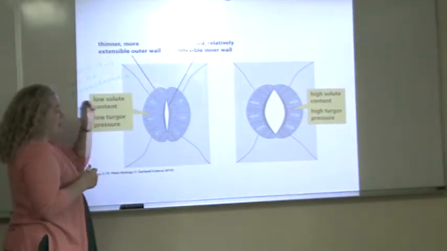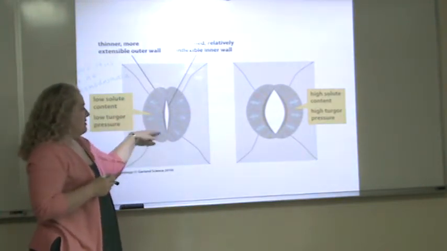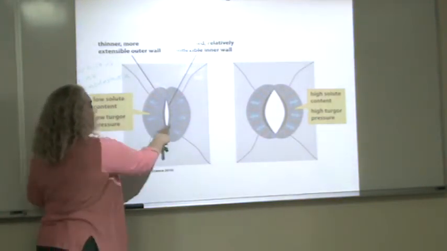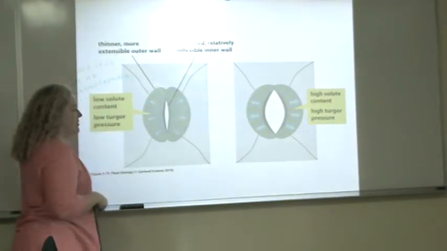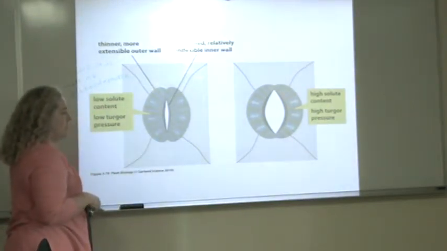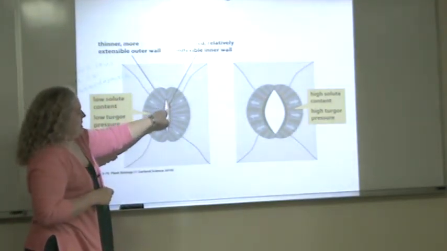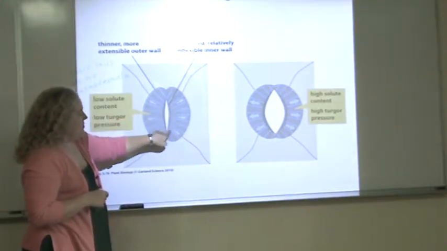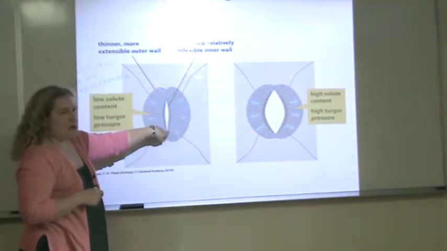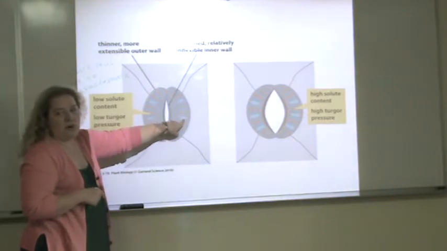They also have radial arrangement of their cellulose bands. So the blue here, you can imagine as cellulose bands. And the cell wall that is next to the stomatal opening is thicker than the cell wall everywhere else.